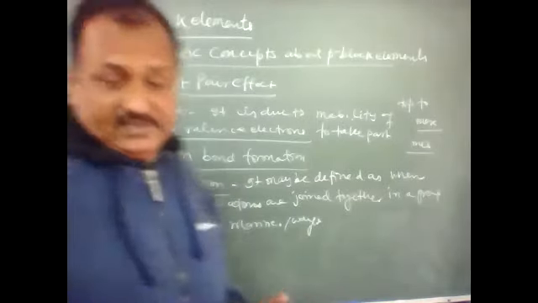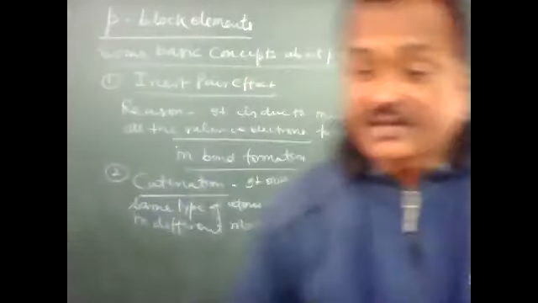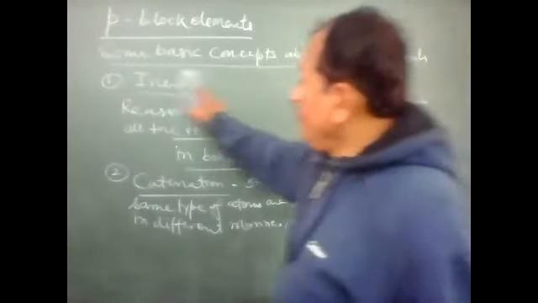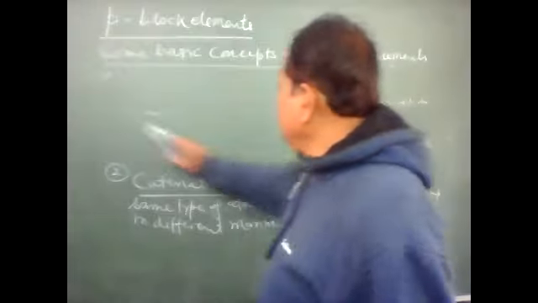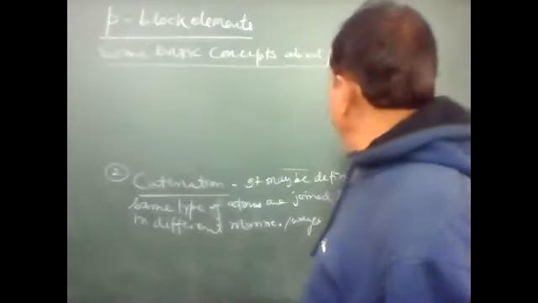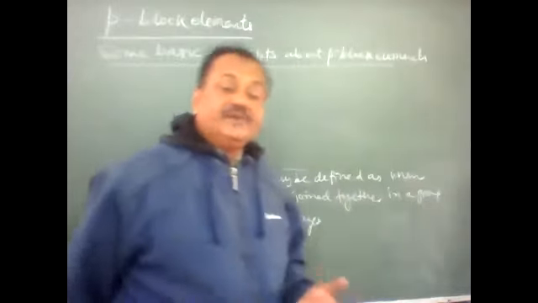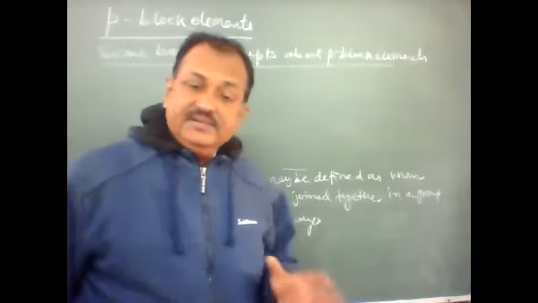So it is catenation. Catenation is a very important property of group 14. The group 14 elements, or members of the carbon family, exhibit catenation.